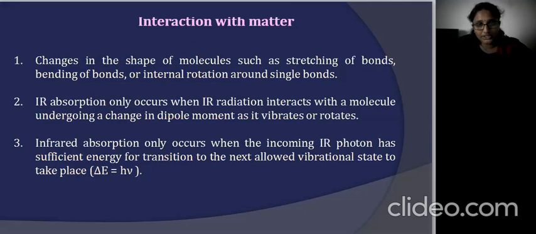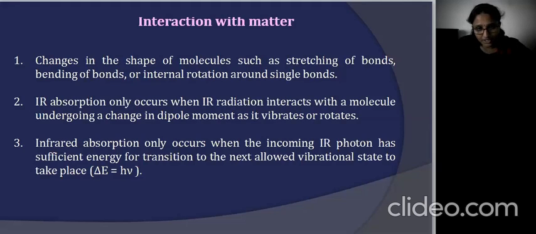And how does matter interact with the IR radiation? So what happens actually when the molecule absorbs IR radiation? There is a change in the shape of molecules such as stretching of bonds, bending of bonds, or internal rotation around the single bonds. And when a molecule absorbs IR radiation, the IR radiation itself interacts with the molecule, undergoing a change in the dipole moment as it vibrates or rotates.